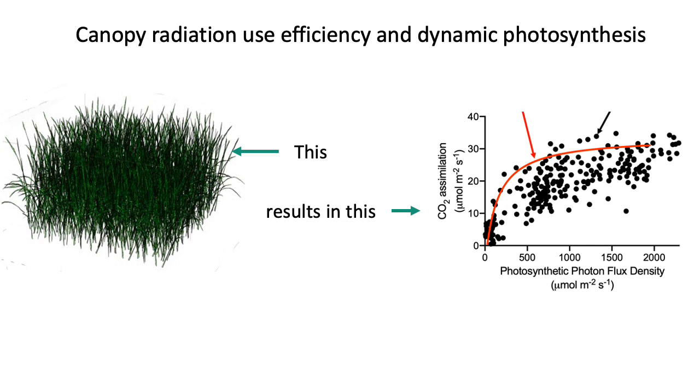So it's how we go from the complex canopy that we see on the right here to a complex photosynthetic response, where when we plot photosynthetic rate against light intensity, we don't get a straight red line, we get a scatter. Why does this happen, and can we use this to improve canopy photosynthesis in crops?